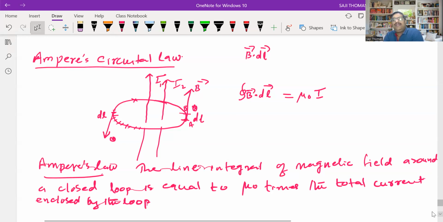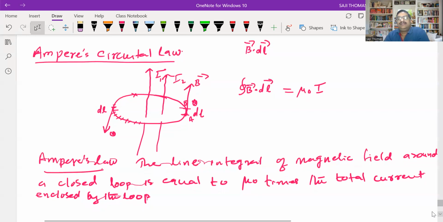Now we have to discuss the applications of Ampere's law. We mainly do three applications. Using Ampere's law, we can find the magnetic field near a straight conductor carrying current.